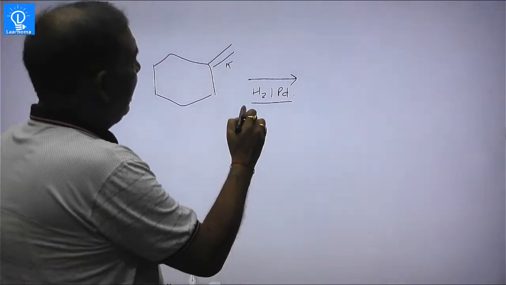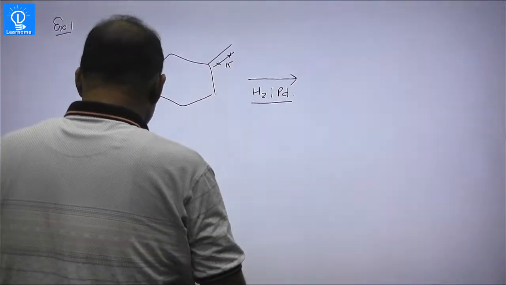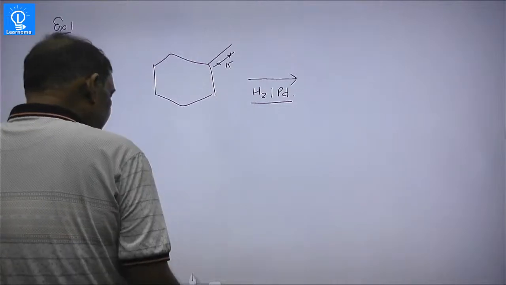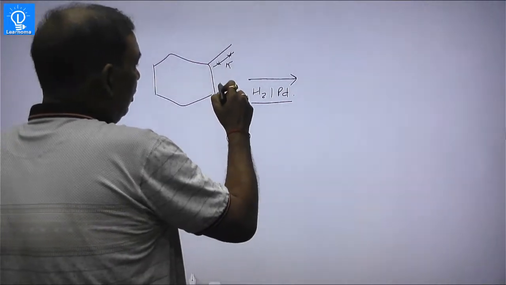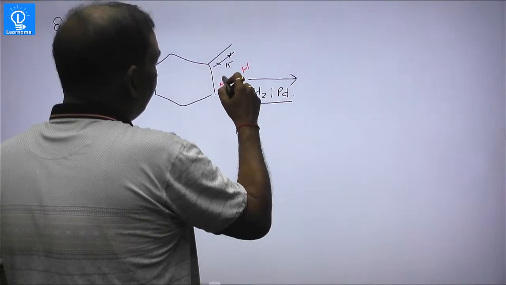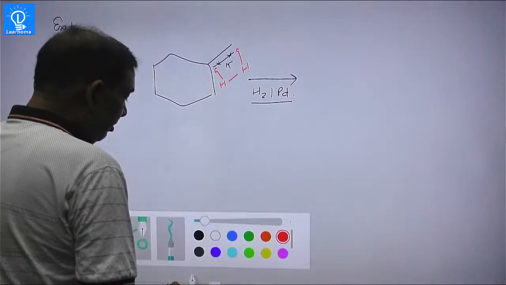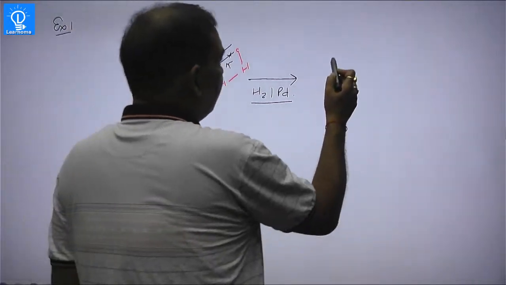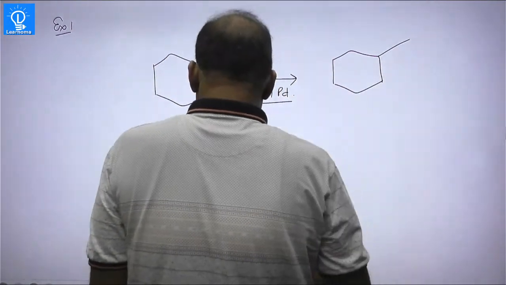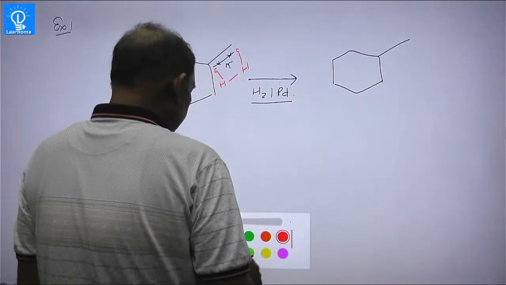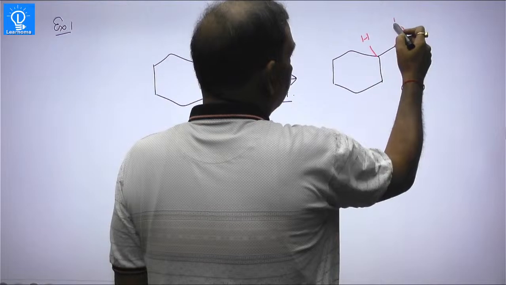The hydrogen adds on the pi bond, and the pi bond gets converted to sigma bond. What does this mean? In this process, one pi bond consumes one hydrogen molecule.